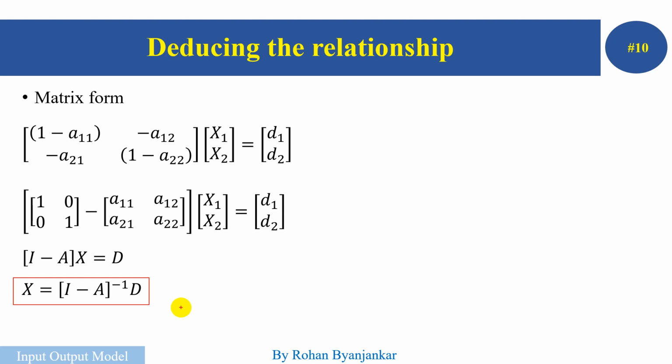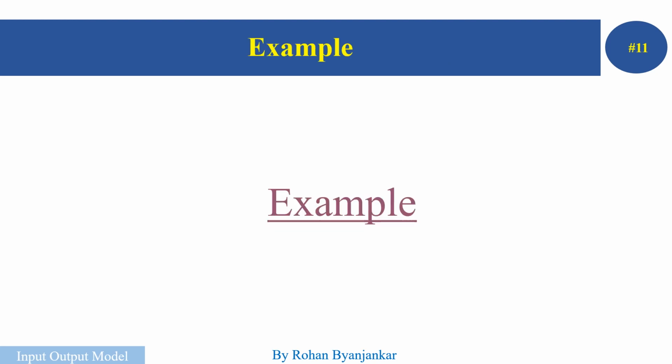This will give the total amount of output that each industry must produce in order to satisfy its final demand. It means that we will find the values of x1 and x2. This is the fundamental issue in the input output model, and following this we shall go to our example.